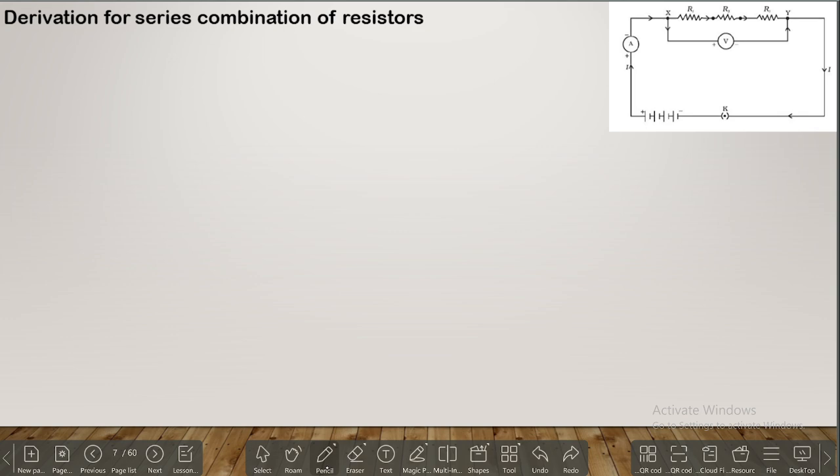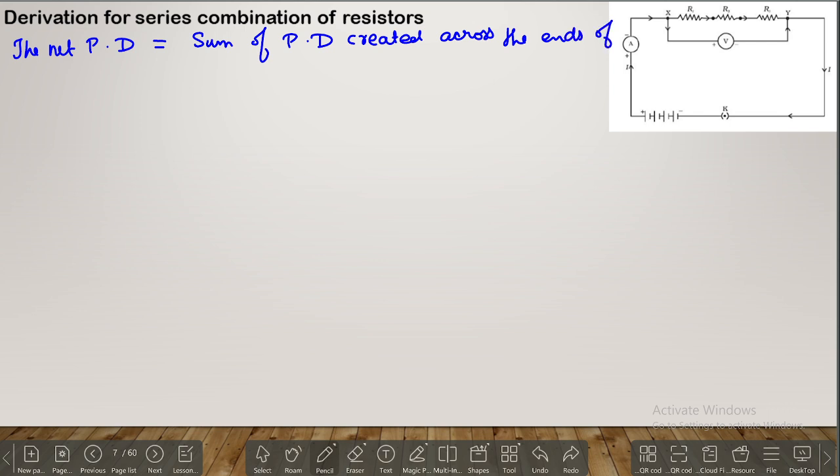So the net potential difference created across the ends of the combination will be equal to the sum of the potential differences created across the ends of each resistor.